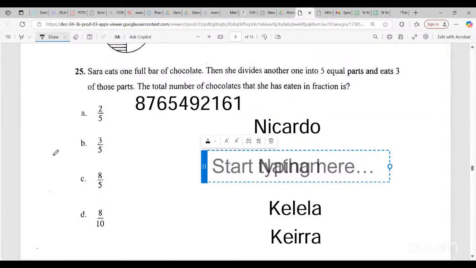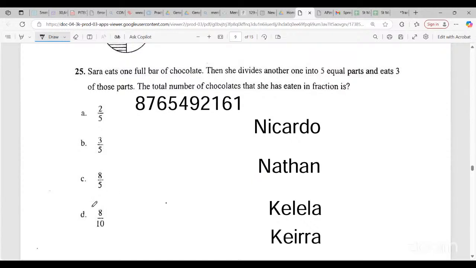So Sarah eats 1 full bar of chocolate, which is 5. Then she divides another one into 5 equal parts and eats 3 of those parts. The total number of chocolate that she has eaten in fraction is... I choose D because two full bars of chocolate would be 10.